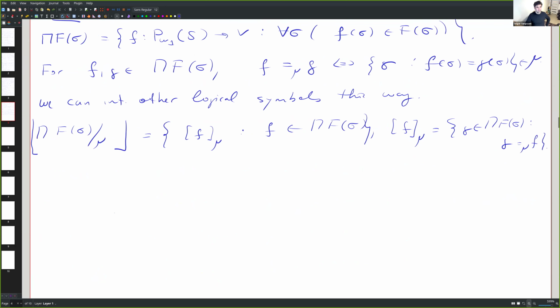Okay, then Łoś's theorem. What is Łoś's theorem saying?